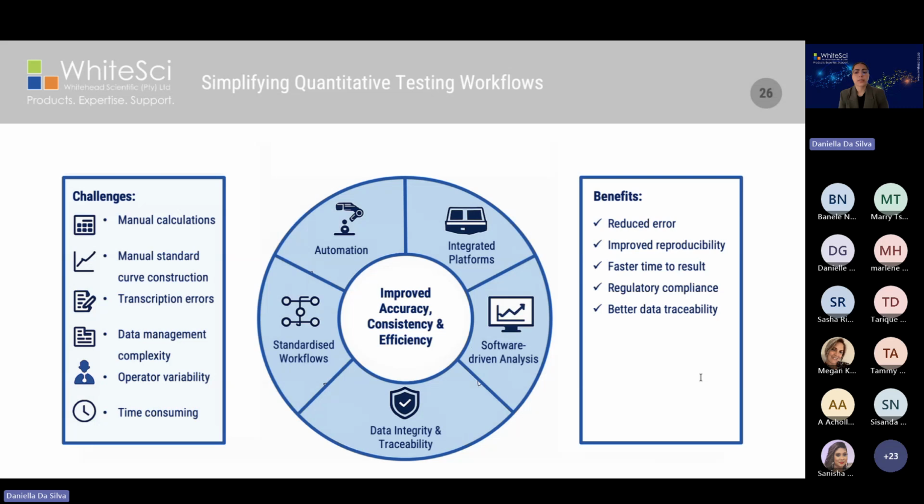The goal is not simply to save time. Your goal here is to reduce unnecessary variables that can influence data quality and reproducibility. When workflows become simpler and more consistent, laboratories often find that both their efficiency and their confidence in their results improve simultaneously. In many cases, simplification is actually one of the most effective strategies for improving overall assay robustness.